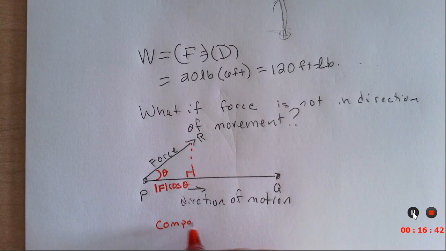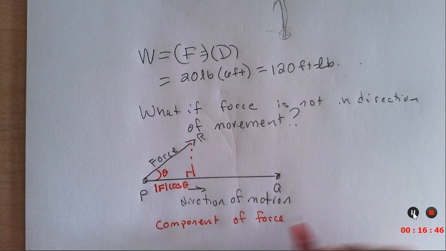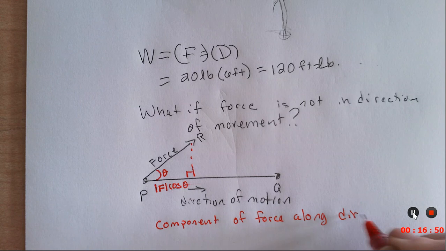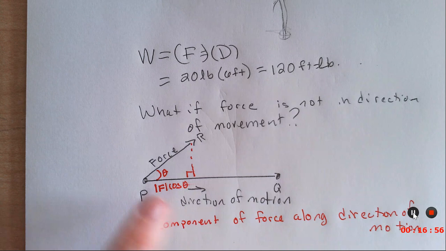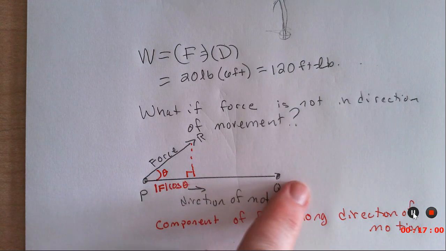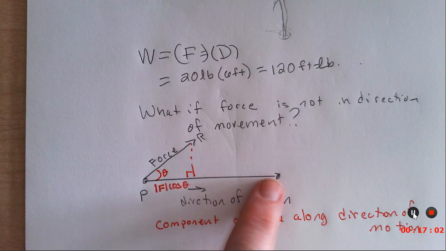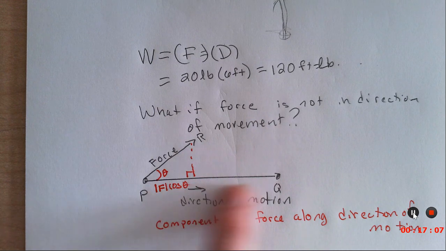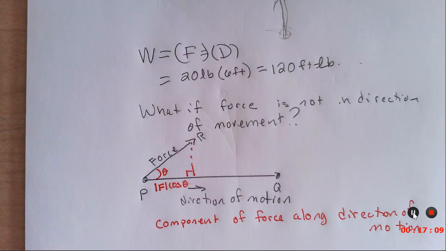So this is going to be the component of the force along the direction of motion, which is the only thing we need, because only the part of the force that's pushing or pulling along the direction of motion is going to actually move the object, and any force that's not moving that way is not moving it in this direction.